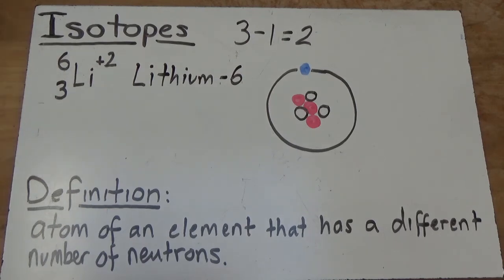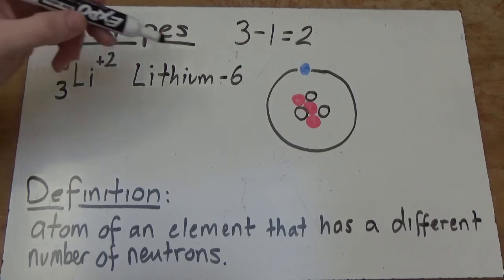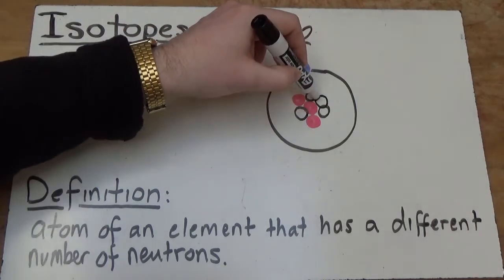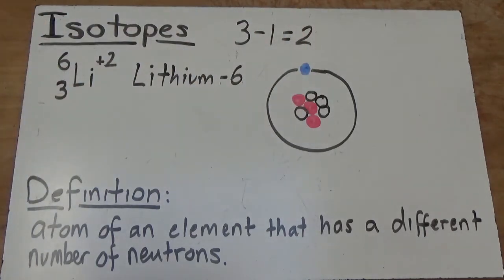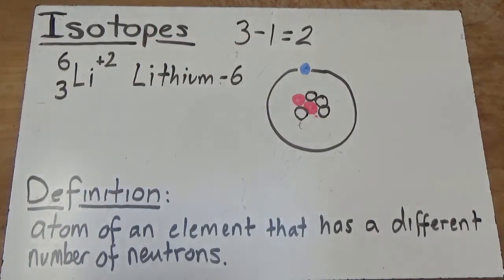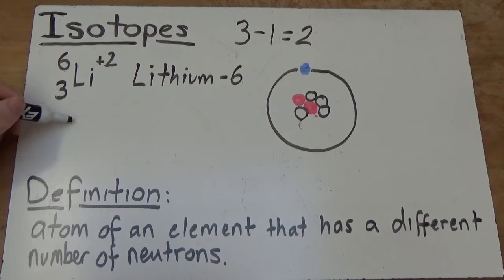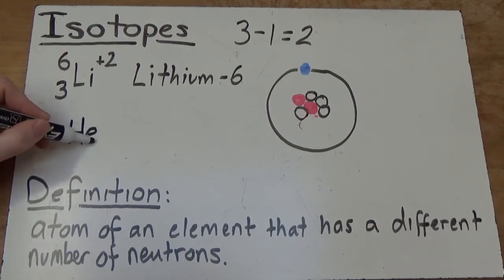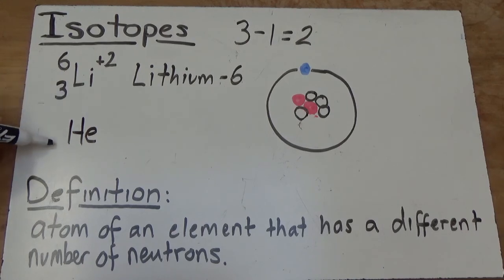As a final question, what would the name of this element be if I were to add 1 neutron and remove 1 proton? Figure this out now. The answer is we have helium, which is 2 protons.